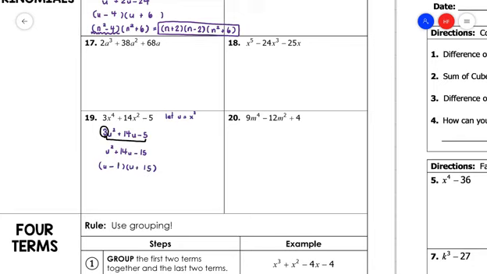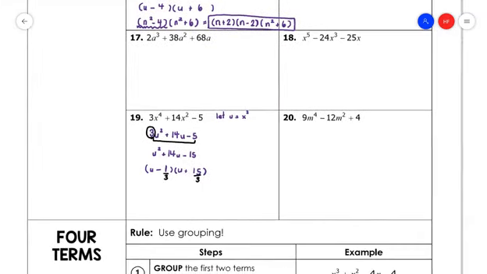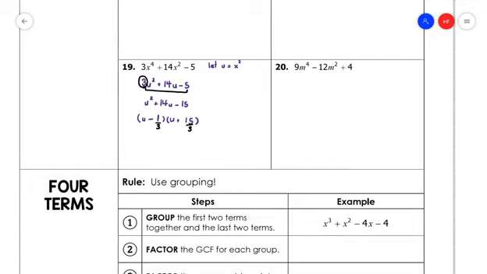Remember, we multiplied by 3, so I need to divide that back out. So this gives me 3u minus 1. And this over here divides to 5, so it gives me u plus 5. But remember, u is x squared, so we have 3x squared minus 1 and x squared plus 5.